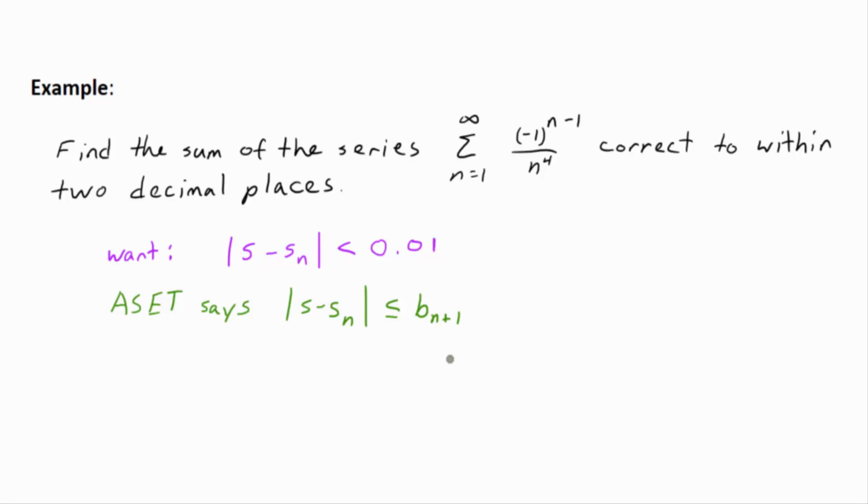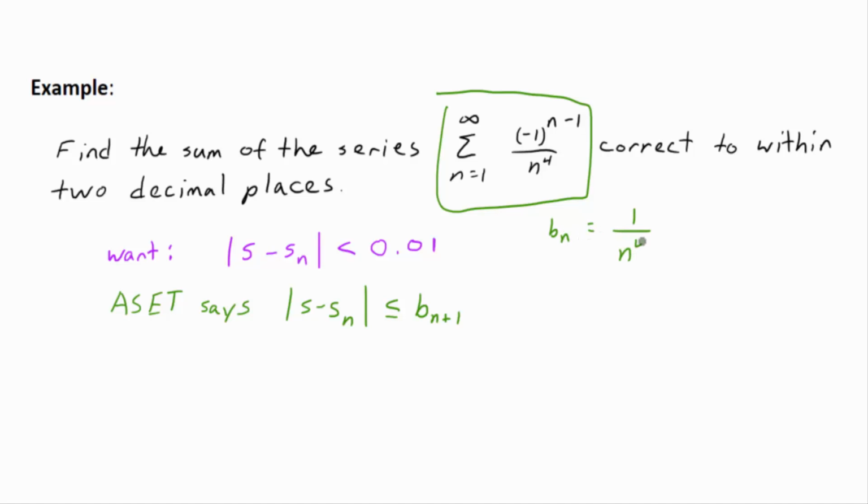So all we have to do is find the first term given by the formula for bn that's less than 0.01, and we'll sum the terms that come before that. That's what the theorem says. And if you still don't understand it, don't worry. We're going to do it right now. So let's write out the first several terms. Okay, look at the series. By the way, what's bn?